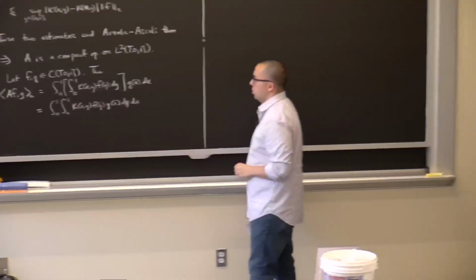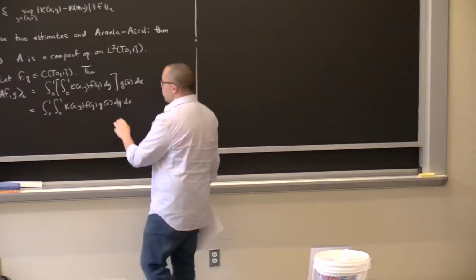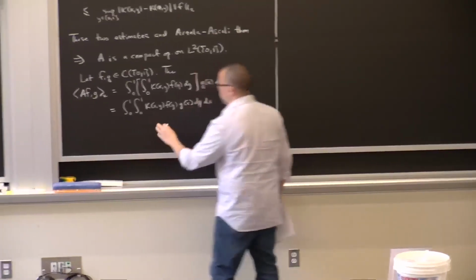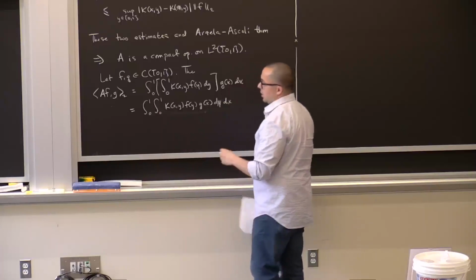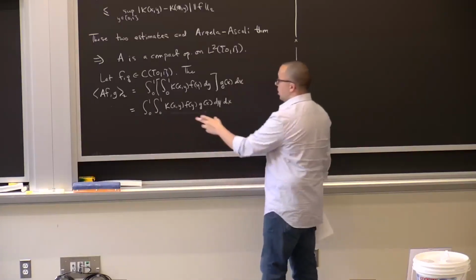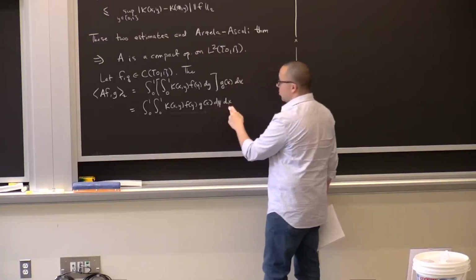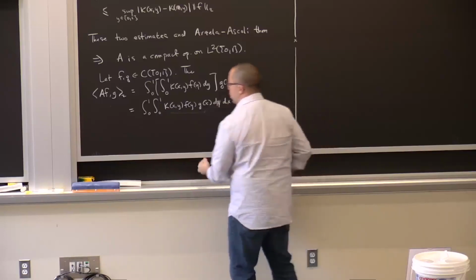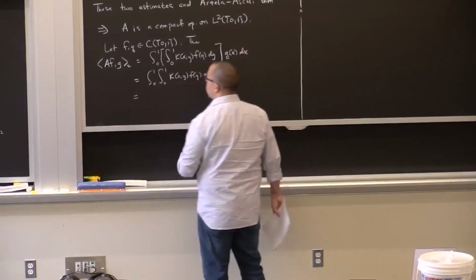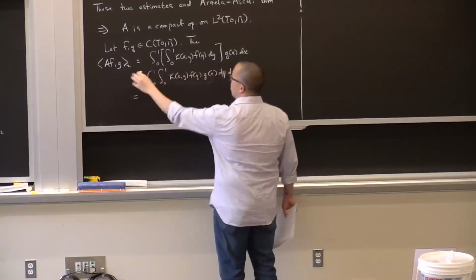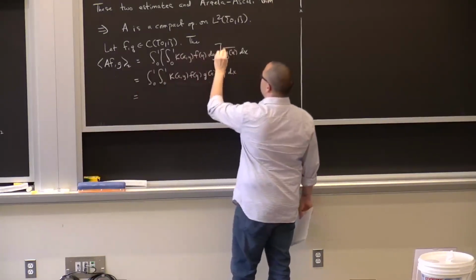Fubini's theorem says if you're integrating continuous functions over a box, then it doesn't matter if you integrate dy first or dx first. So then I can just undo this, and the pairing should have a complex conjugate over g.